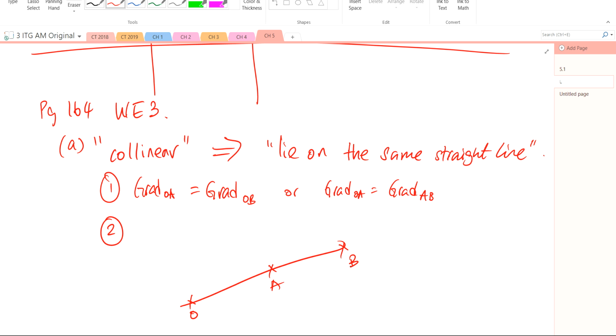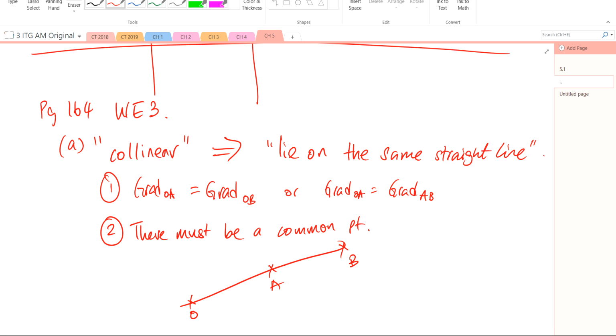There is a second condition. That is, there must be a common point. Common point by itself doesn't mean they are collinear. Parallel lines by itself doesn't mean they are collinear. But when you have these two conditions together, then they are collinear.